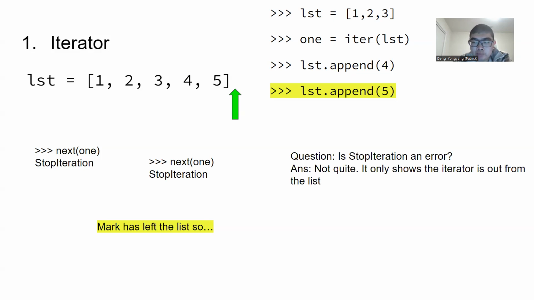It's not like a typical error such as divide by zero, which is unbearable and will crash the program. But StopIteration does not crash the program. Everything is well matched, so it is not an error.